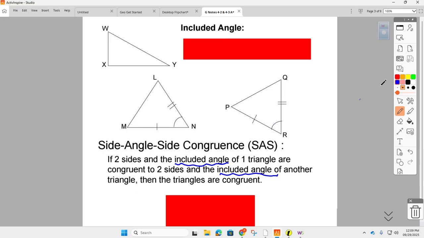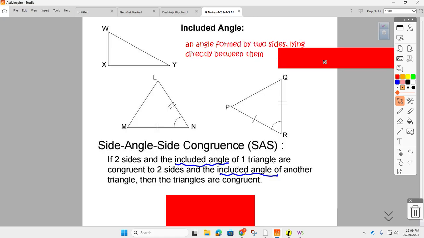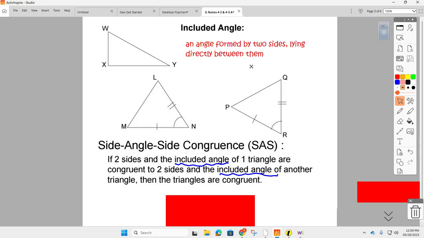So the question is, what is an included angle, right? Let's read the definition and we'll talk about it. An included angle is an angle formed by two sides lying directly between them.